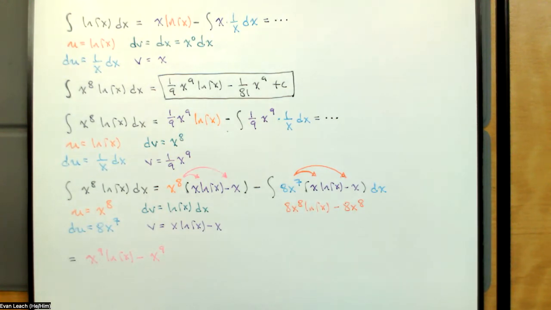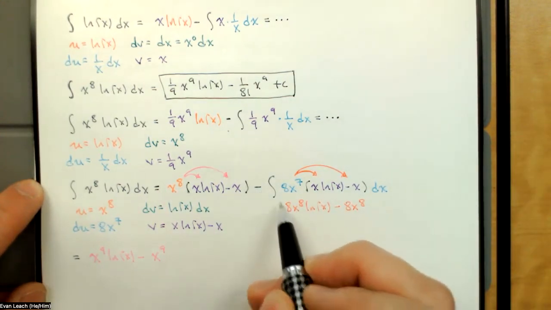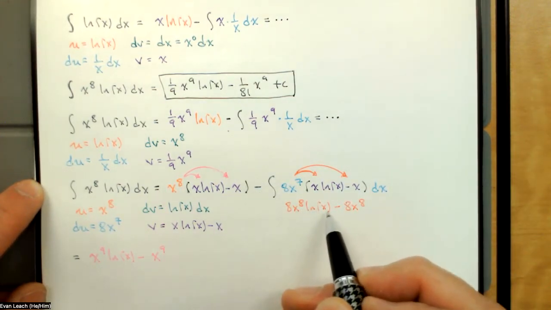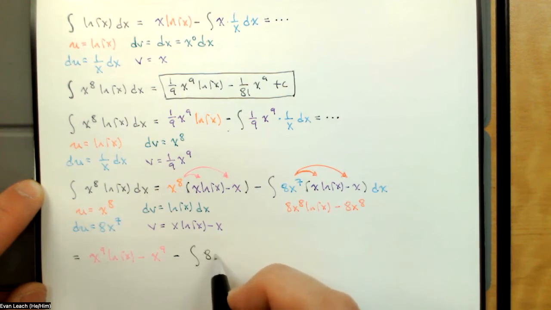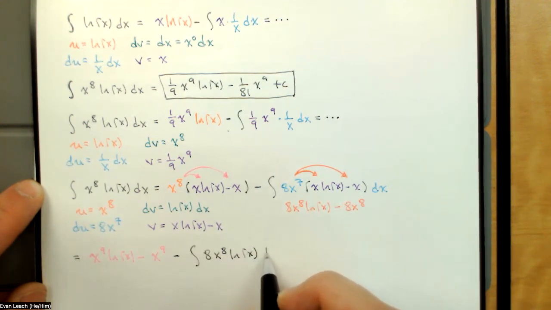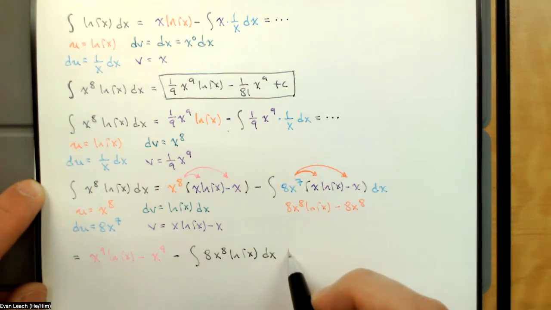One of my first integral is going to be minus an integral of 8x to the 8th natural log of x. So we're going to have one integral here. This minus is going to have to come in and make a plus.